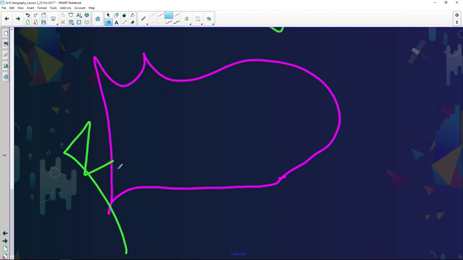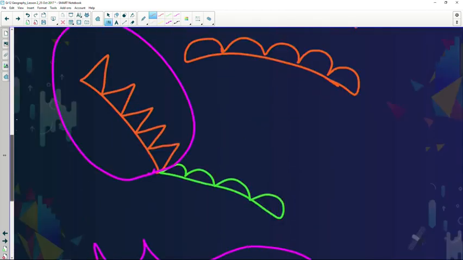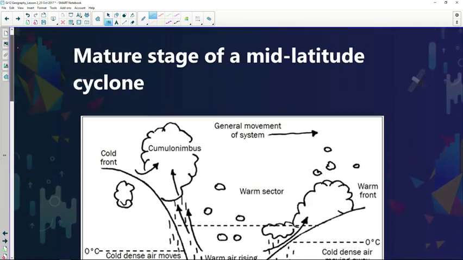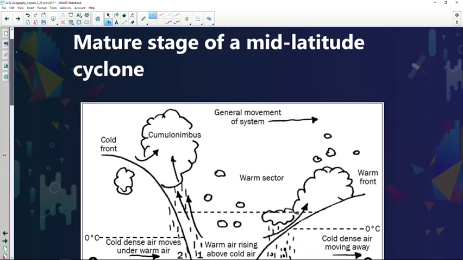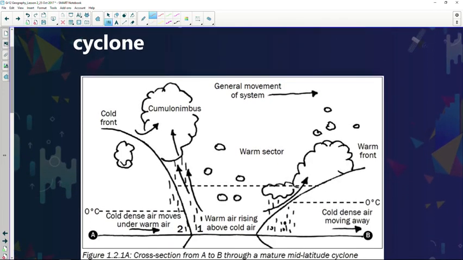We usually see this. We don't usually see the warm front because it's further down south. Now, it's the cold front conditions that we experience. And like I've mentioned to you before, that's the frontal rain that you learned in grade 10.